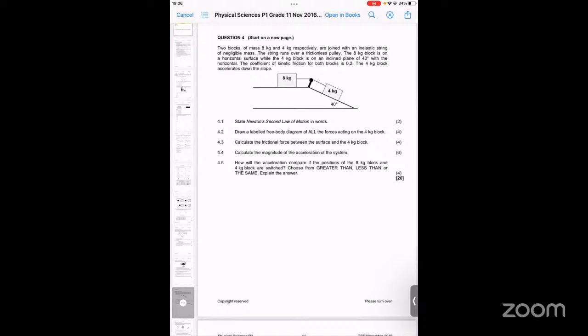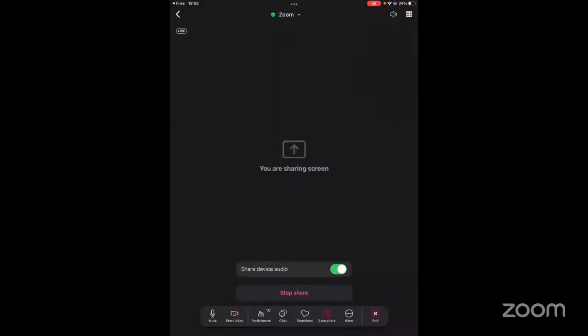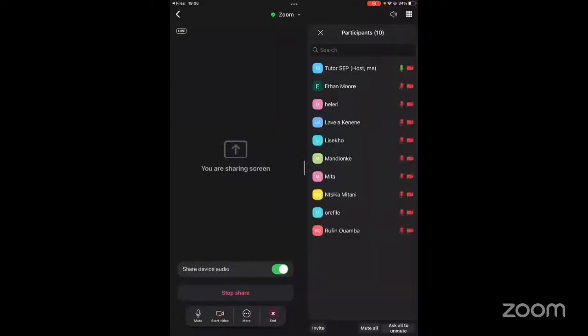But now we've got 4.1, where they say state Newton's second law of motion in words. So for this one, for today, just comment with the answer in the comment section. So you don't unmute and state it for everyone, but you comment in the comment section. Did you guys hear me on that one?